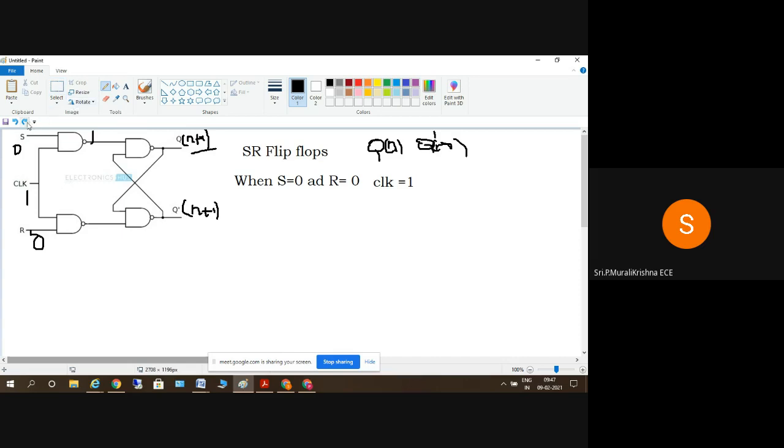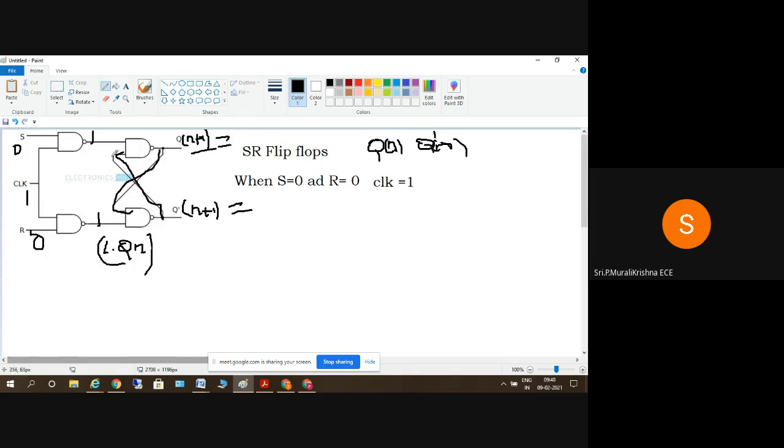Okay, so Q of n plus 1 will be the next state, and Q bar of n plus 1 will be equal to... so you can see here, this is given to this flip flop and this is given to this flip flop. So the meaning of this is Q of n plus 1 will be the summation of 1 into... it's not Q of n plus 1, it's 1 into Qn here.